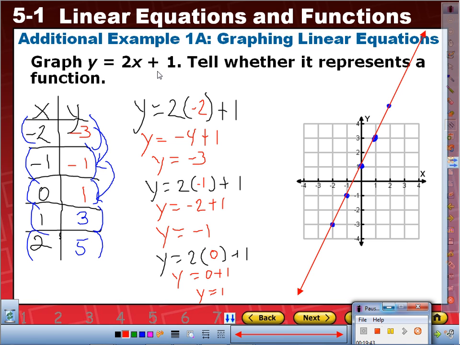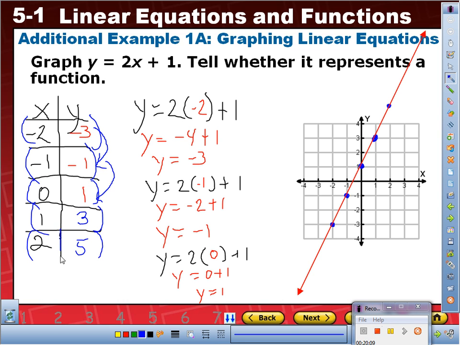So step 1, solve for y. Step 2, write an input-output table. Step 3, plot your points. Step 4, graph your function. Step 5, it says, Priscilla, what did it say? Check another point to see if it's on the line. So if I was to write in my table another point, I'm going to extend this like this.